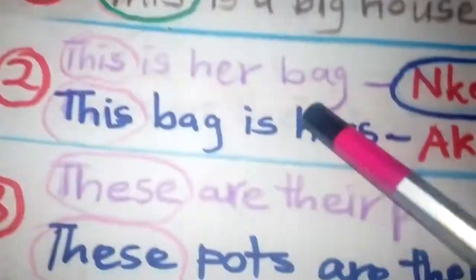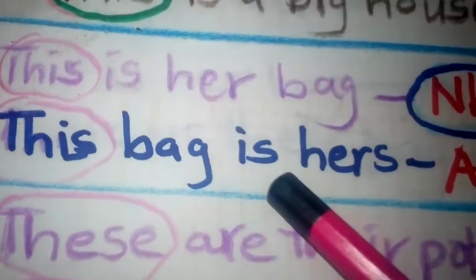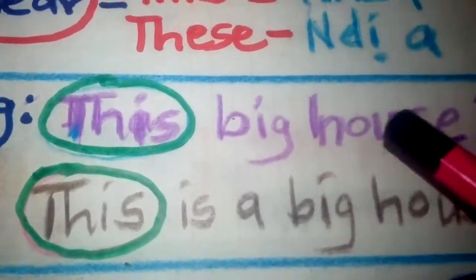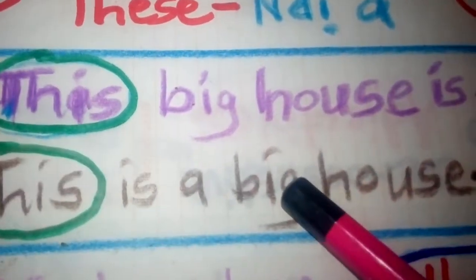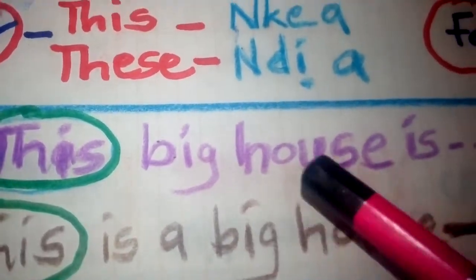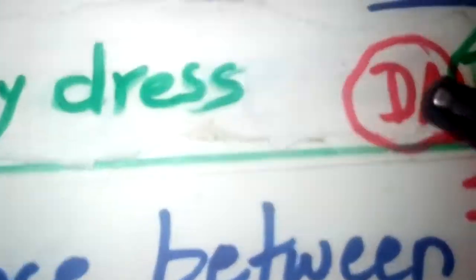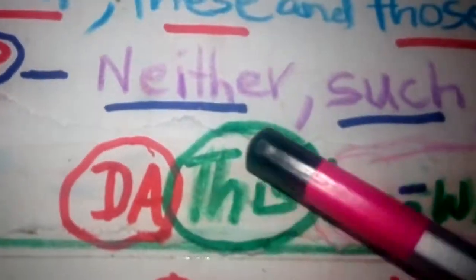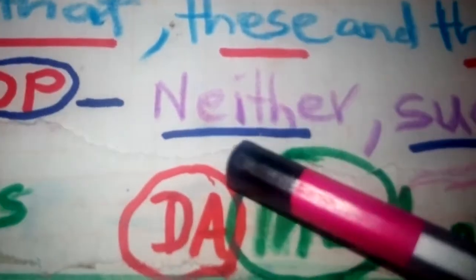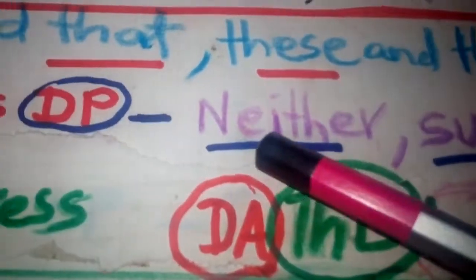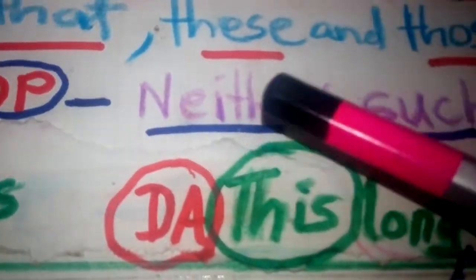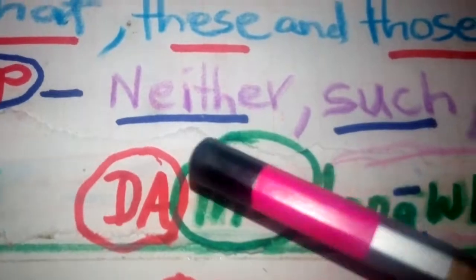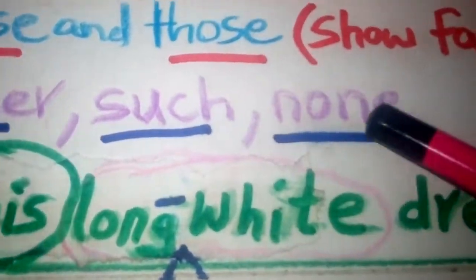Okay, another thing is that sometimes in the English language, specifically English, not Igbo this time around, I don't think we have such in the Igbo language. In English, sometimes the demonstrative pronoun goes with words like neither, such, none.